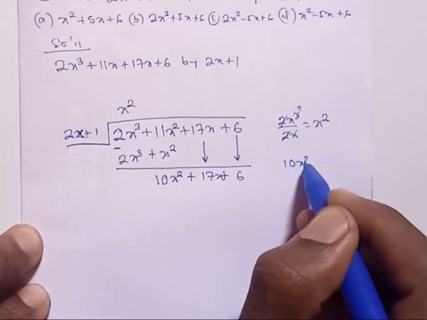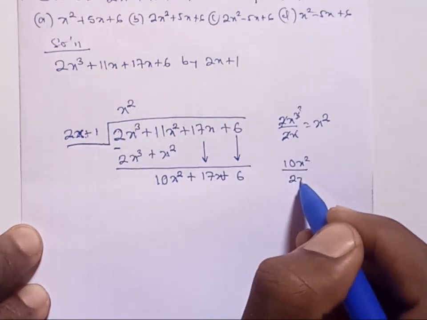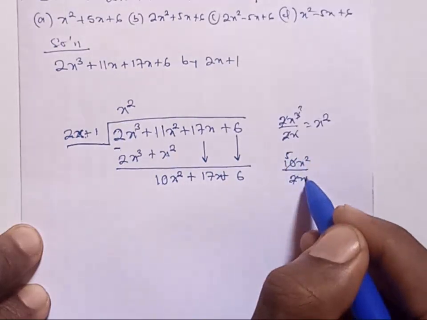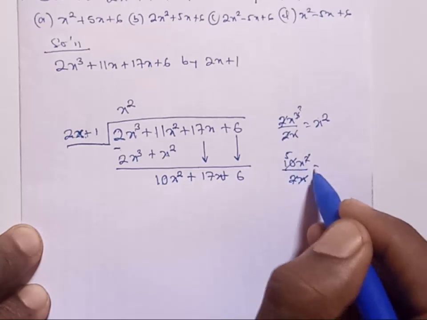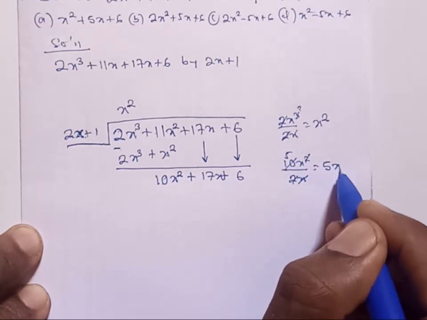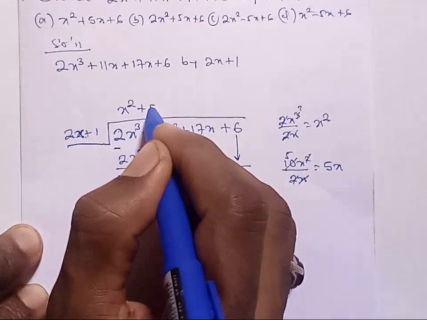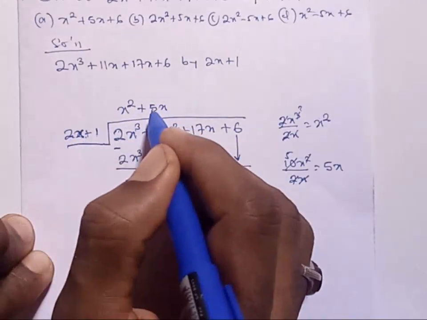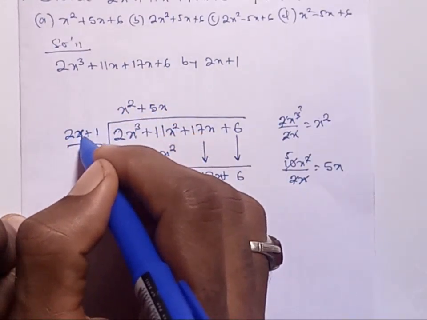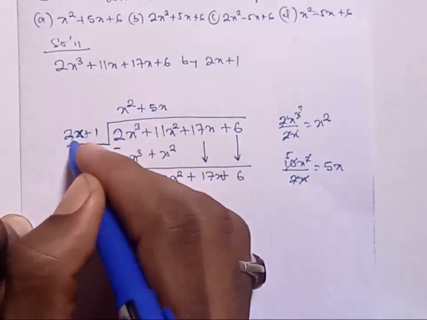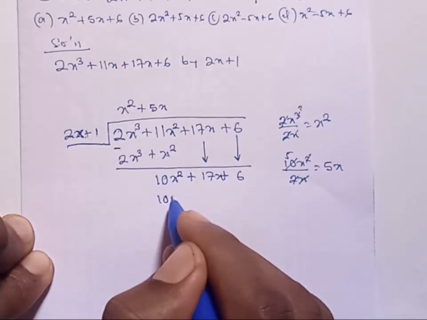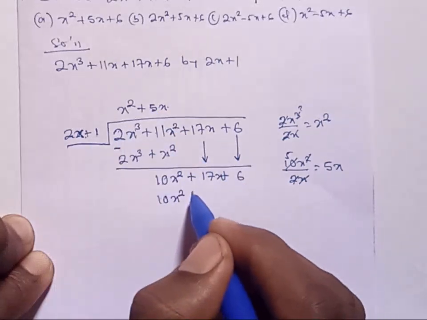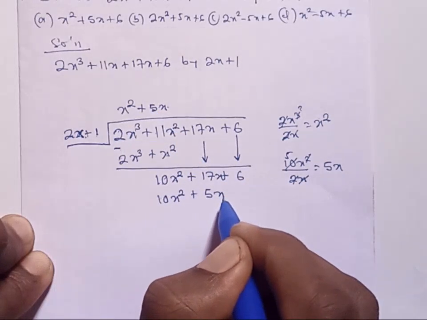Now the next thing is to repeat the same method, 10x squared divided by 2x. 10 divided by 2, we have 5, and x cancels the square, so we'll be left with 5x. So here we have plus 5x. Then this 5x multiplies 2x plus 1: 5x times 2x, we have 10x squared, and 5x times 1, plus 5x.